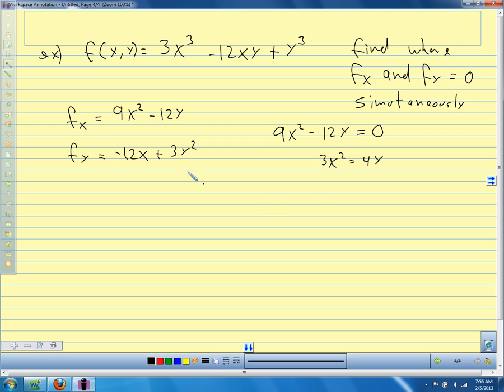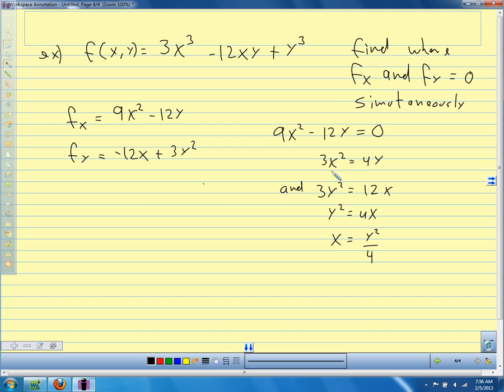And for this one, I get 3y squared equals 12x from this equation. And I can say y squared equals 4x, so x equals y squared over 4.